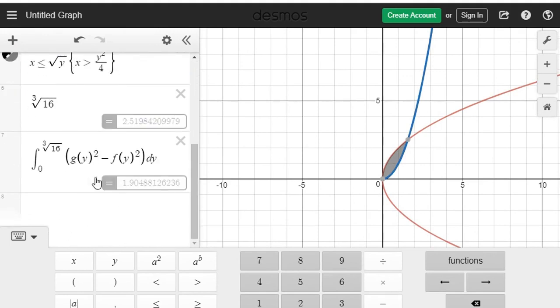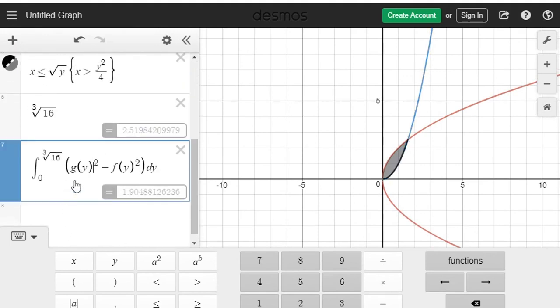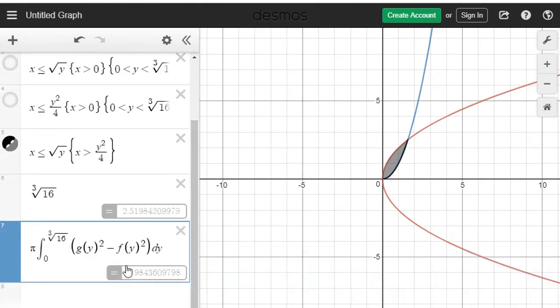So that's going to give me g of y squared, and then I'm going to subtract f of y squared because that's subtracting the smaller radius, which is y squared over 4 in this case. So then I do pi times that, and I end up with 5.984 as my answer. So this is what you'd write down for number 3.